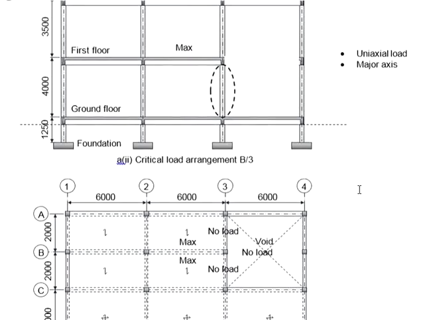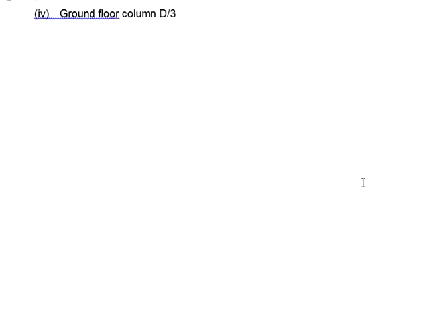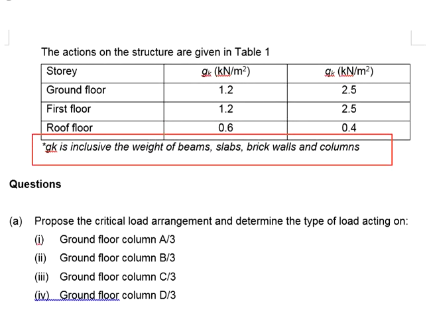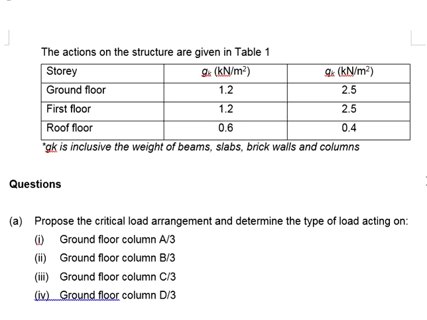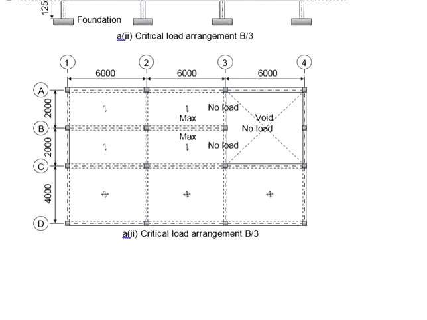You know that when we determine the critical load arrangement in this case, we simply ignore the weight of the beams. For simplicity, since the question here already stated that the GK given is already inclusive of the weights of the beam, slab, brick wall, and the column. Now, even if you need to calculate the weight, the critical load arrangement shall end up the same.